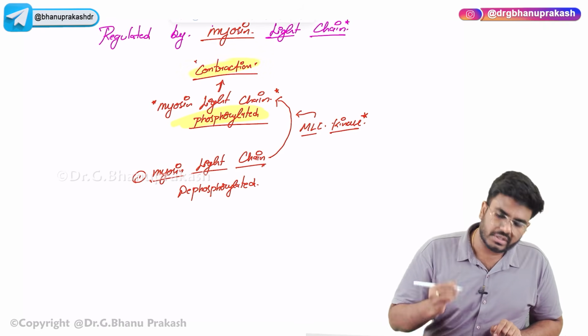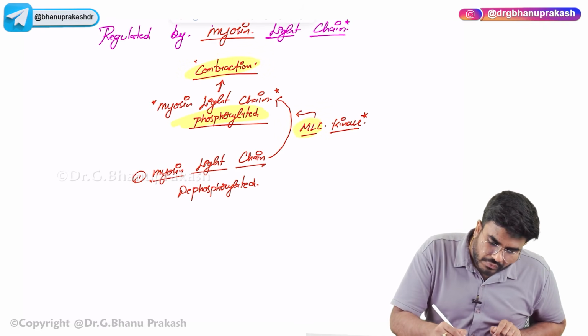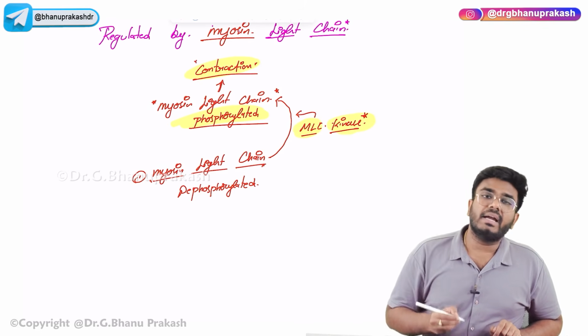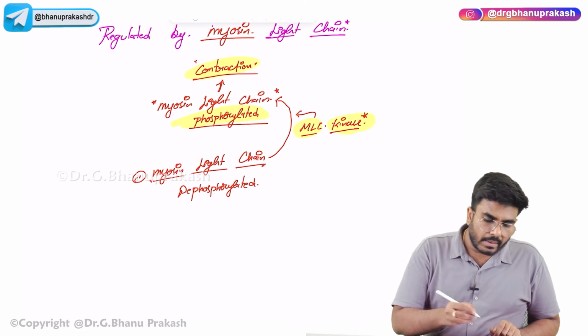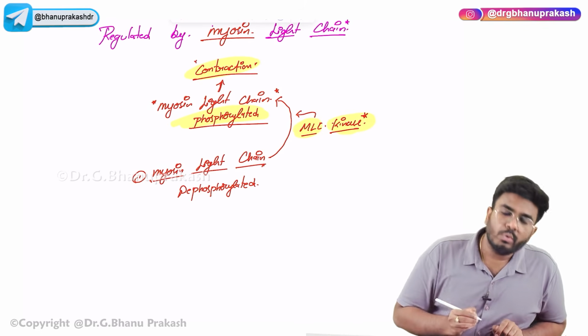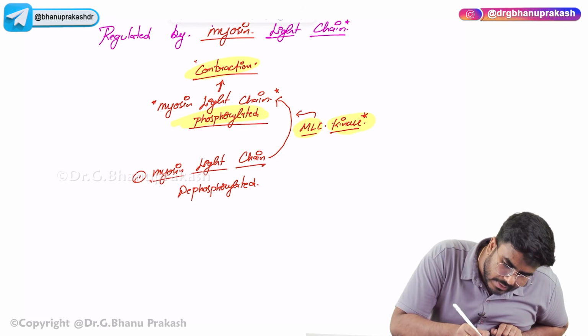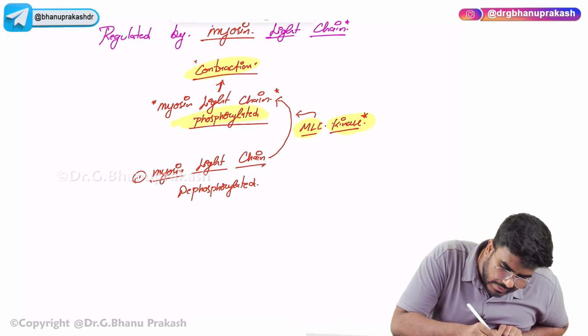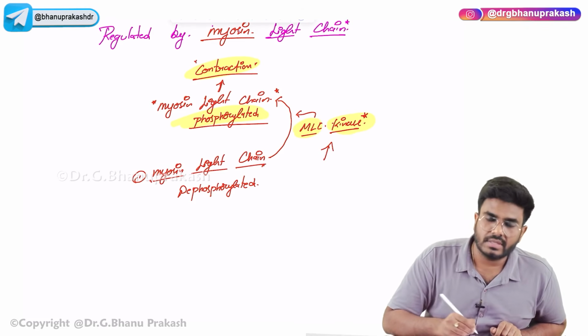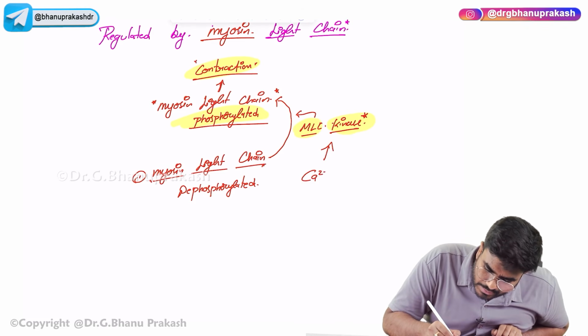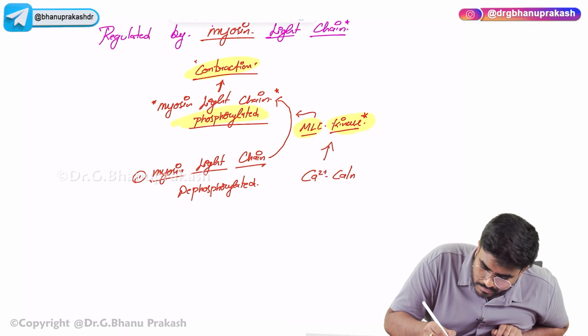Who is going to cause this phosphorylation? Myosin light chain kinase. Now the question is, who activates this myosin light chain kinase? That is calcium calmodulin.